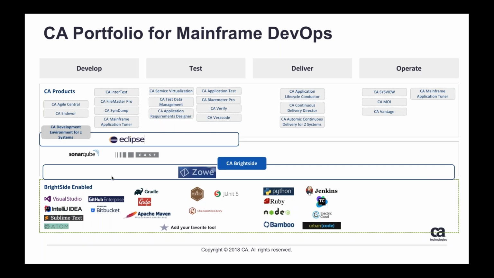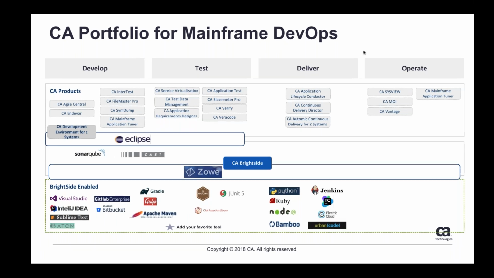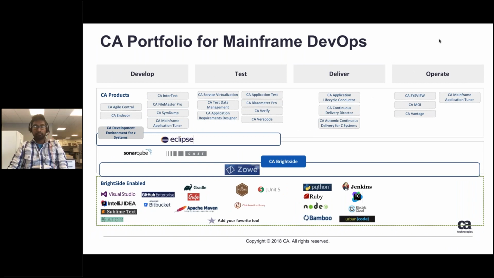And what we're going to be using today and showing you today is that Zoe initiative and product CA Brightside that bridges the two worlds and enables Michelle to write automation scripts that live on her laptop and that interact with Mainframe just as with any other platform. So, having said that, let's switch to Sujay, who is going to show you some of the work that he and the team have been doing to enable automation on Mainframe.